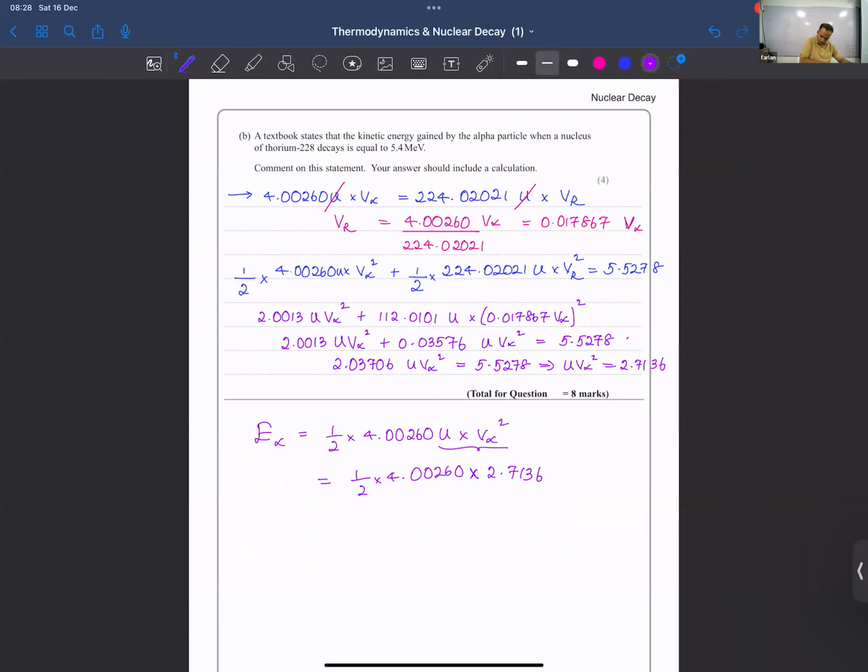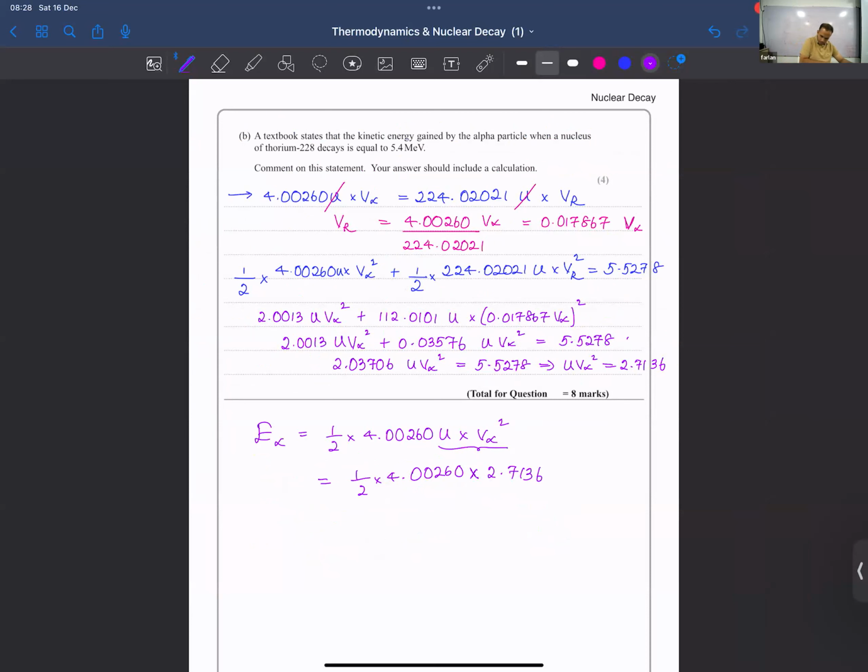This is the energy of the alpha particle. So comment on the statement. Yes, 5.43 we are getting. The statement says kinetic energy gained by the alpha particle is equal to 5.4. So we can say yes to two significant figures. It's correct. Am I right?